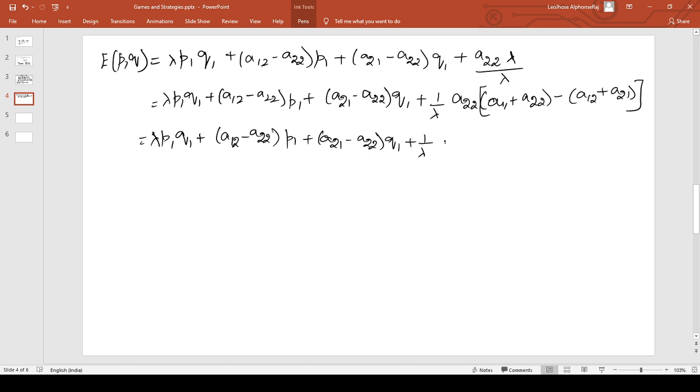One by lambda, A22 into A11. I'm going to multiply this A22 inside. So A22 A11 plus A22 square minus A12 into A22 plus A21 into A22.